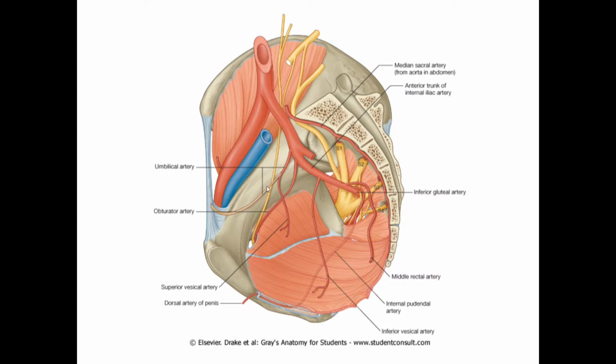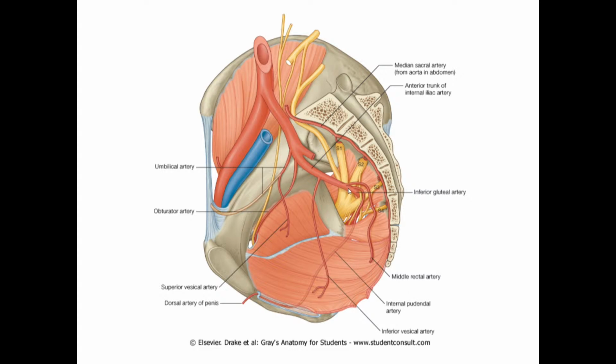So the umbilical artery here, then we have the obturator artery. From the umbilical artery, we also have the branch of the superior visceral arteries. We have the inferior visceral artery also, which is straight ahead a branch of the anterior trunk.